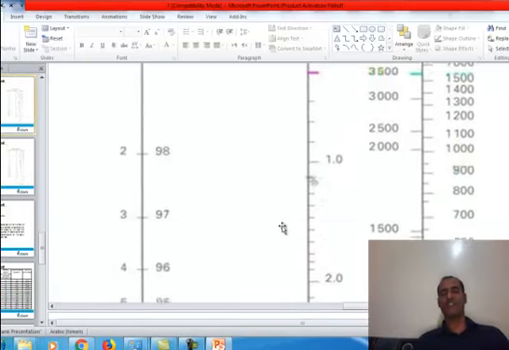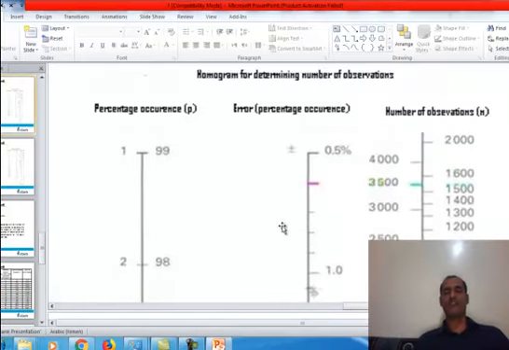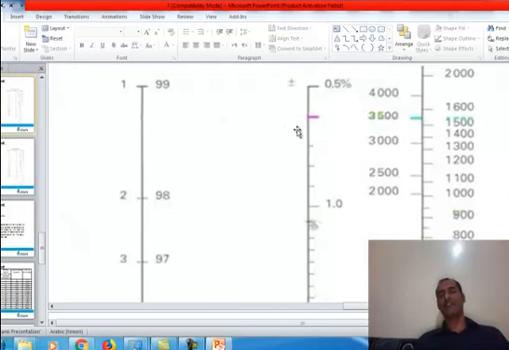From these charts, we can also determine the number of observations. This is the percentage of cars, which is the running time, and this is the idle time.